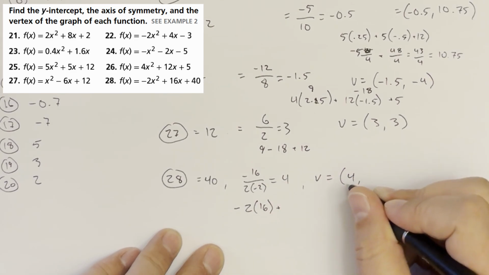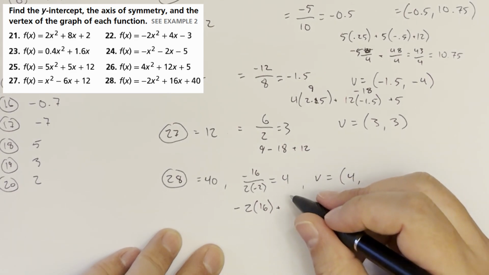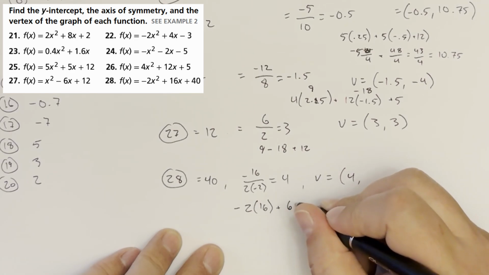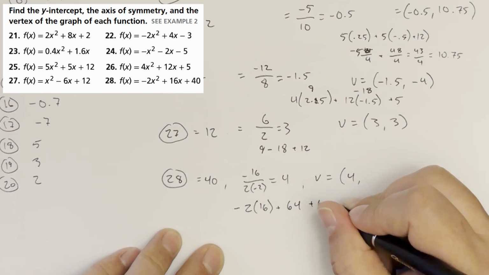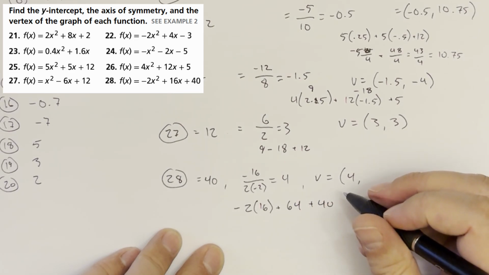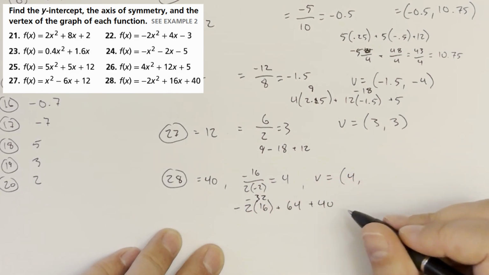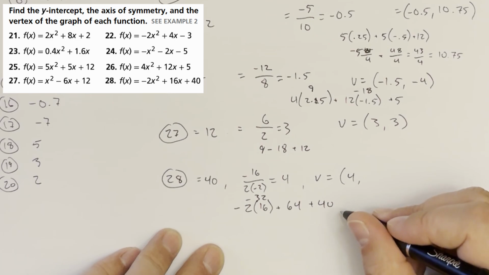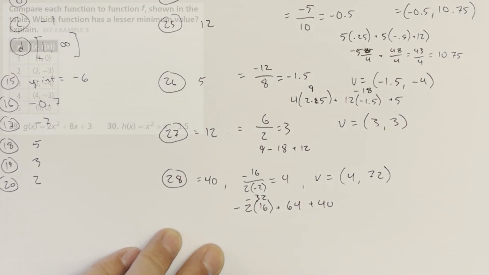Negative 2 times 16 plus 16 times 4 is 64 plus 40. So negative 2 times 16 is negative 32. That's half of 64. So we go from negative 32 to positive 32 plus 40 is 72.